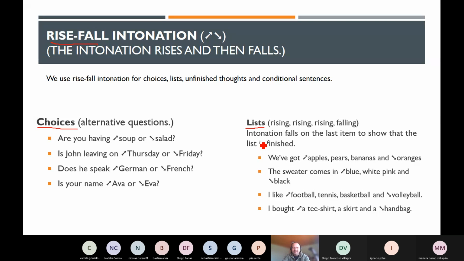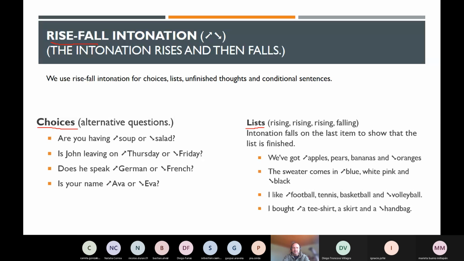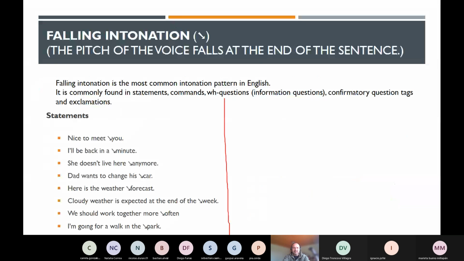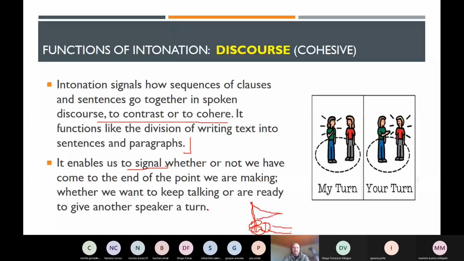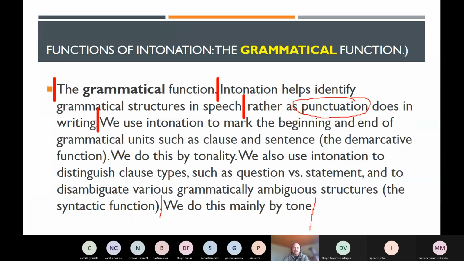Okay, so that's going to be the end for today. Let's take a look very quickly. We talked about functions of intonation, right? Some of the functions mentioned have to do with how we express emotion, how we divide the texts when we speak, to help the listener understand which are ideas that are connected with others and which are independent ideas.